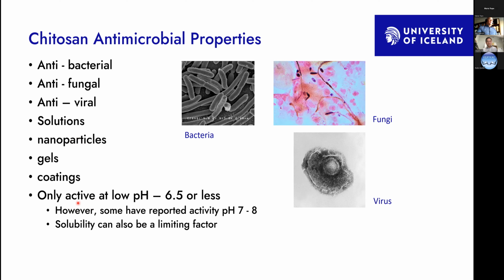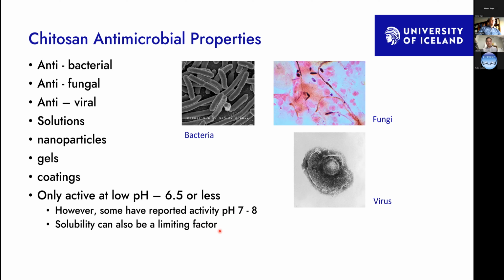It's quite common to state, and I think we have done that too, that it's only active at low pH, at pH 6.5, when it becomes mostly protonated. However, we and some other groups have actually reported activity at pH 7 to 8. So it seems that it could also be active at neutral pH.